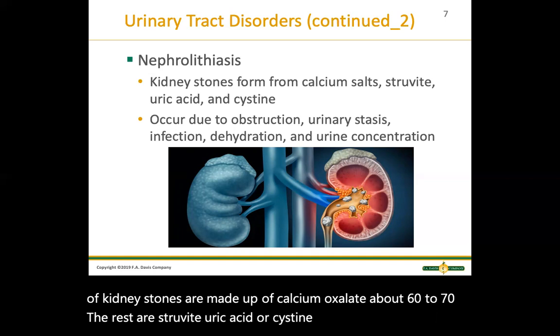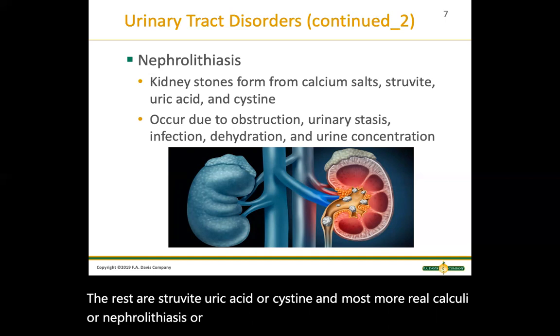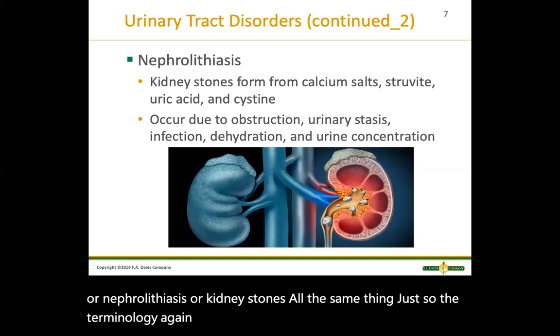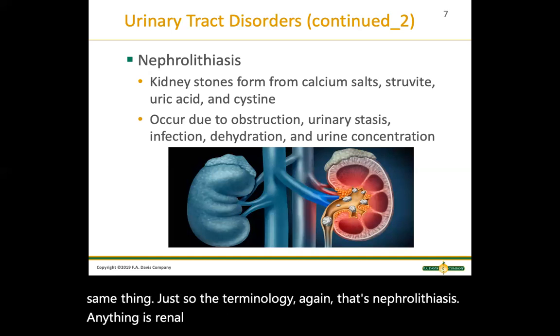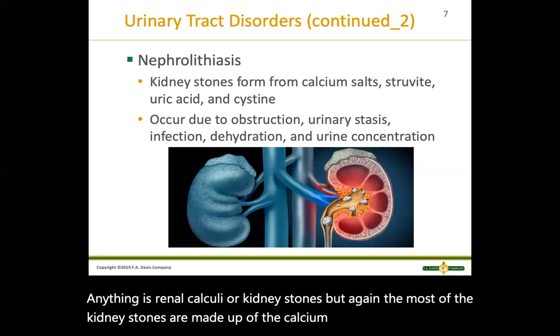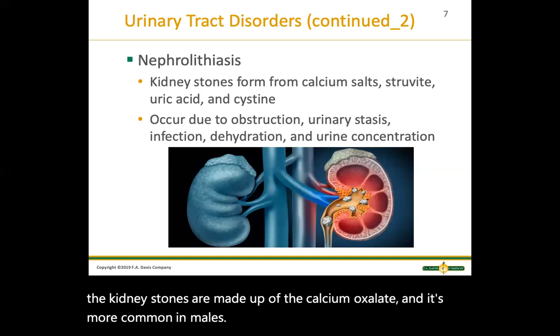Renal calculi, nephrolithiasis, or kidney stones are all the same thing, just so you know the terminology. But again, most kidney stones are made up of calcium oxalate. And it's more common in males to get kidney stones.